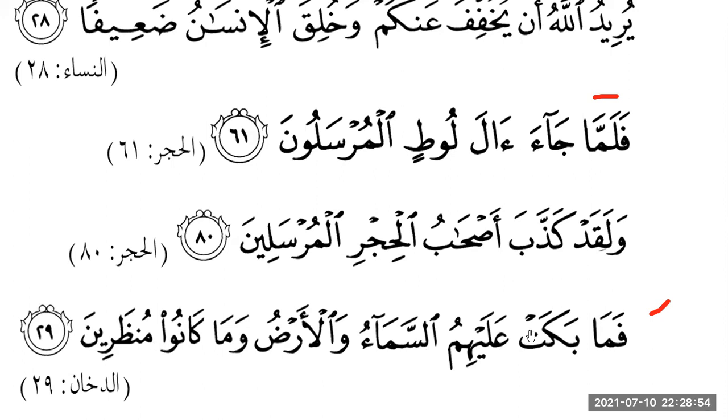Okay, so now I just want to tell you, is bakat singular or plural? It is singular. She, bakat. If it's plural, then it should have a na at the back, bakatna. So this is singular.